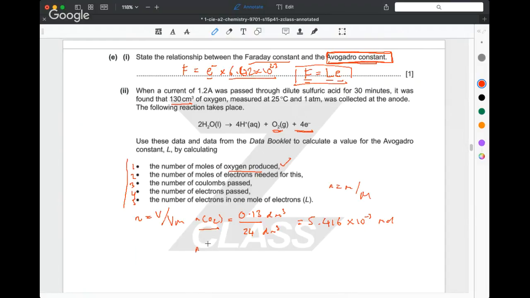So the number of moles of electrons is just 4 times the number of moles of oxygen, which comes to 2.17 times 10 to the minus 2 moles of electrons. So we've done number 2 there.